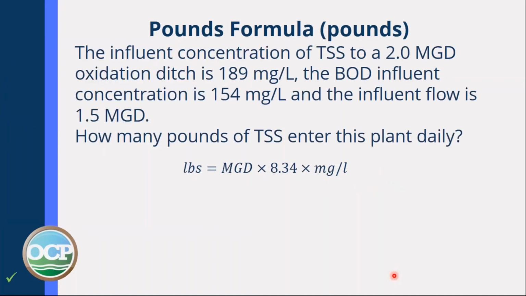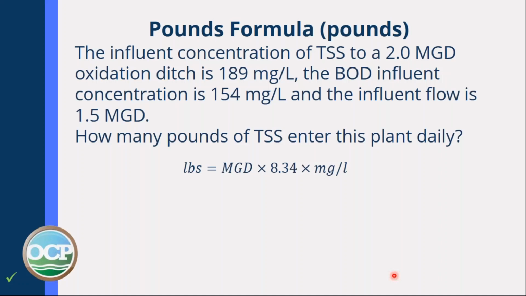Because we're going to now do a little bit of math. So in your manual, in the math study guide, and in the test, you will see questions like this. The influent concentration of total suspended solids to a 2 million gallon per day oxidation ditch is 189 milligrams per liter.